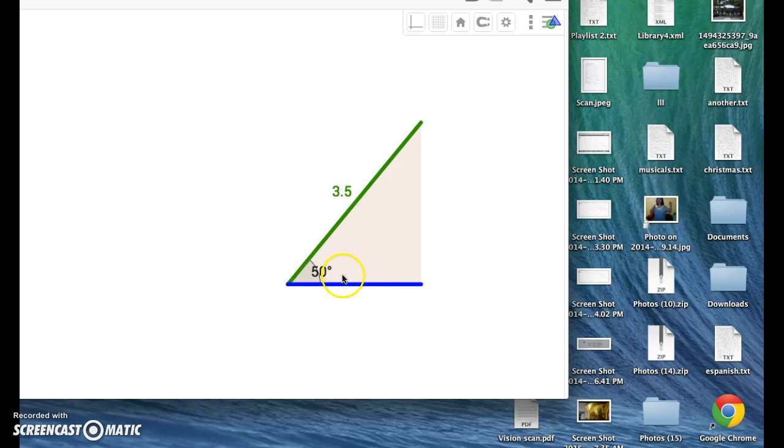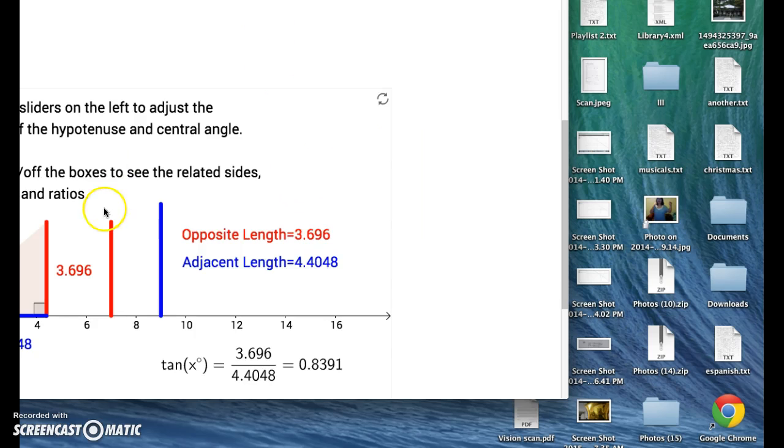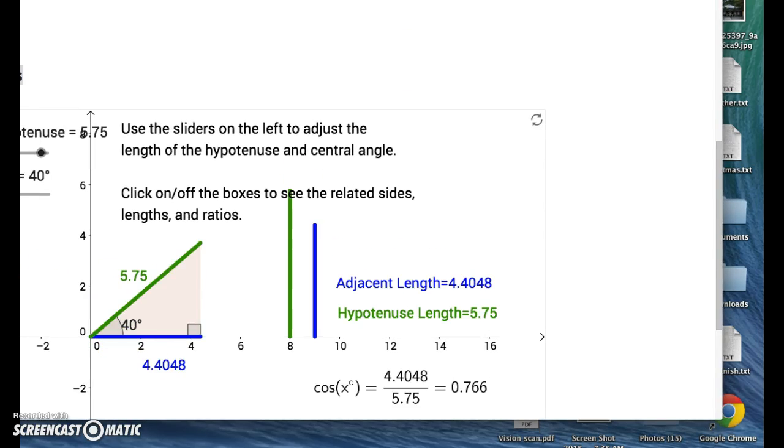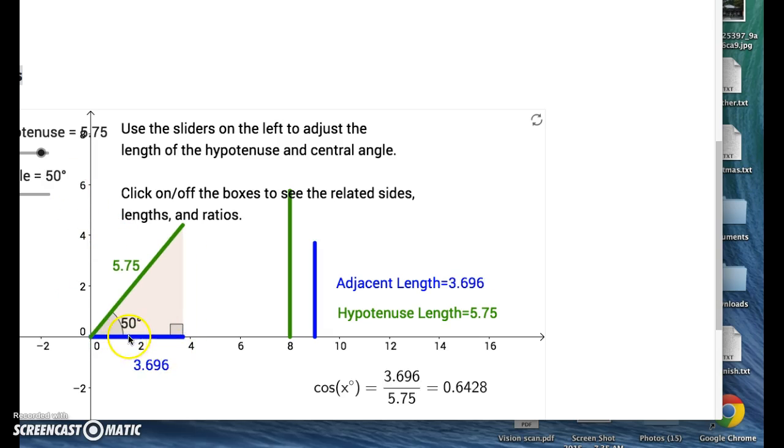What you'd want to do is find the adjacent over hypotenuse of 50 degrees. You can use your calculator, and you can use this one too. Adjacent, and then you change this to 50 degrees, and that number is 64% right there.